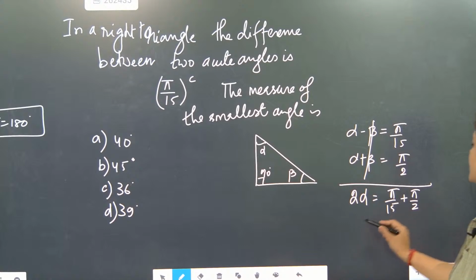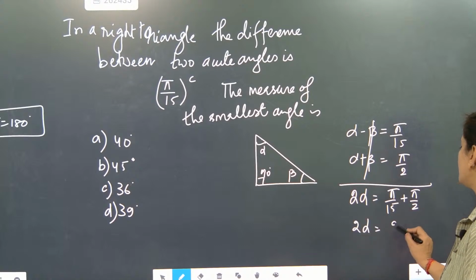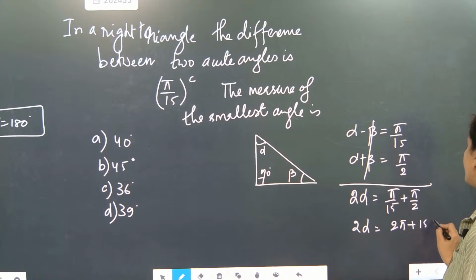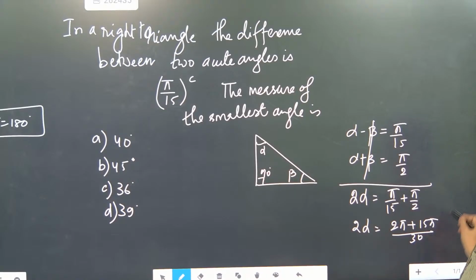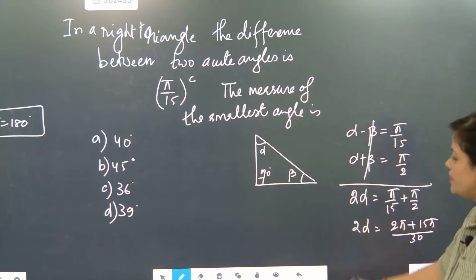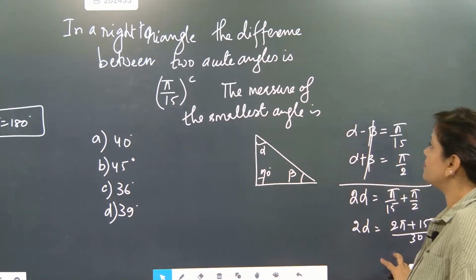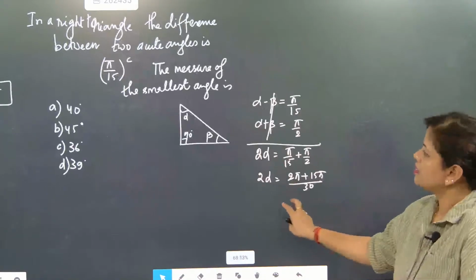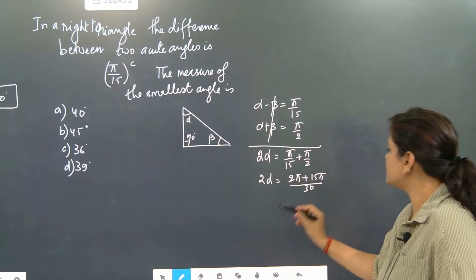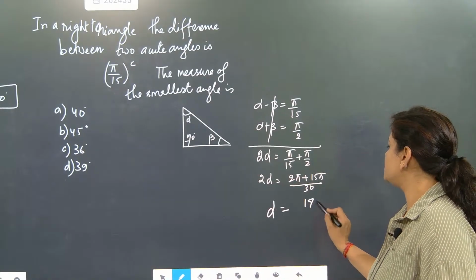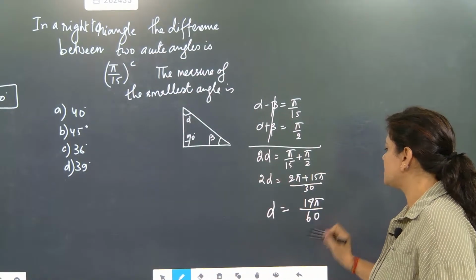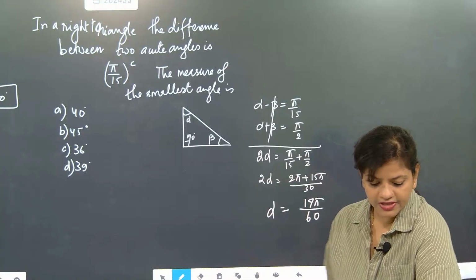So here 2 alpha is equal to 2 pi plus 15 pi by 30. So it is coming as 15 to 30. So here alpha will be equal to 17 pi by 60. Correct? 17 pi by 60.